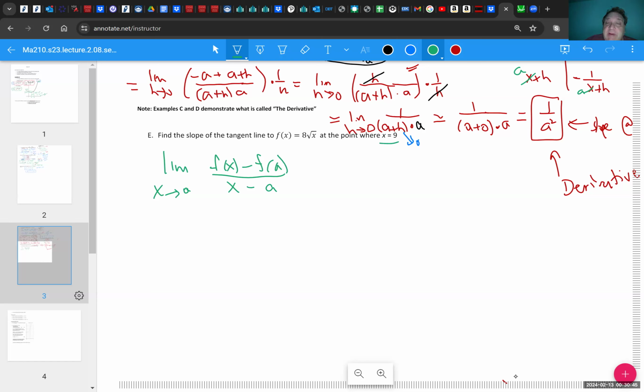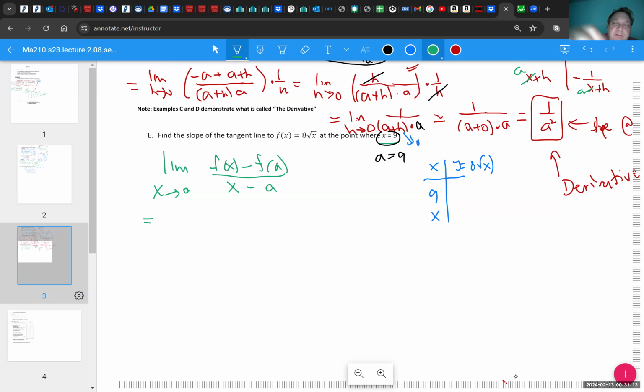All right, we have the point x equals 9, which according to our formula, the alternate version, is the a value. Remember, they switch up the letters on you just so it's very confusing. So when I have my table of values, the first value we have here is 9, and the second value we have is x, and our function is 8 root x. You can see this in the formula.